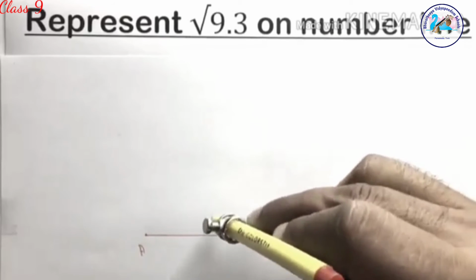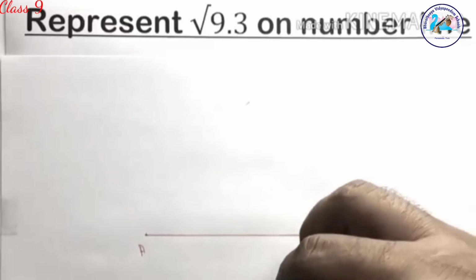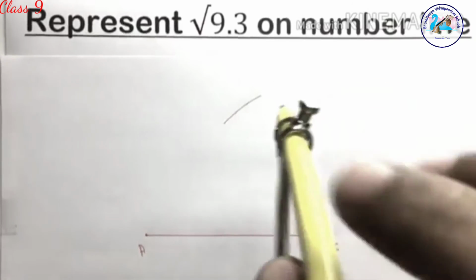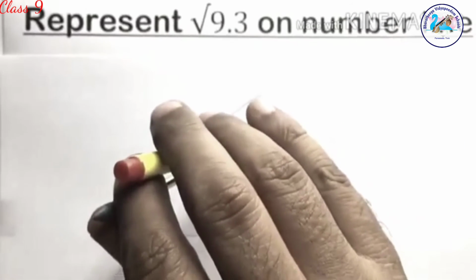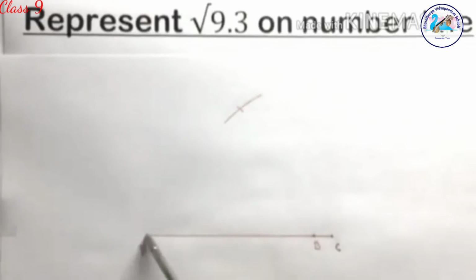Then bisect AC. That means take more than half the length of AC, and with C as center, draw one arc up and one arc down, and using the same radius with A as center, cut the arcs.